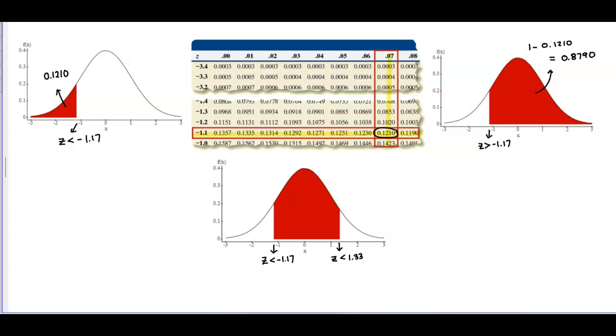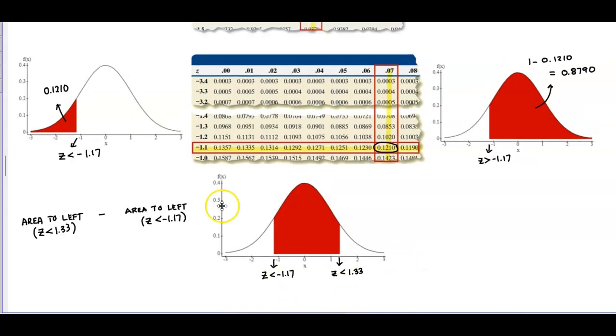When we're using the table, what we need to do is find the area to the left, that's the same thing as saying z is less than 1.33, and then we're going to subtract the area to the left of negative 1.17, that's the same thing as saying z is less than negative 1.17.